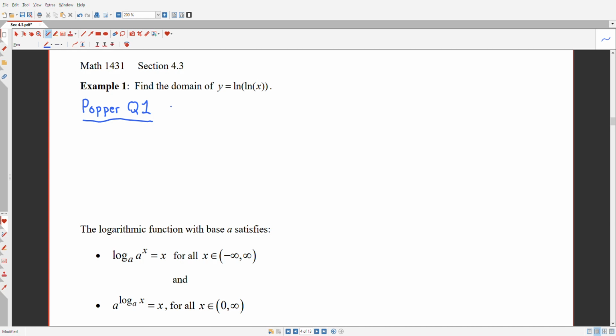The domain is, and let's give us some answers, negative infinity to infinity, zero to infinity, negative infinity to 0, just 0. So just x equals 0.